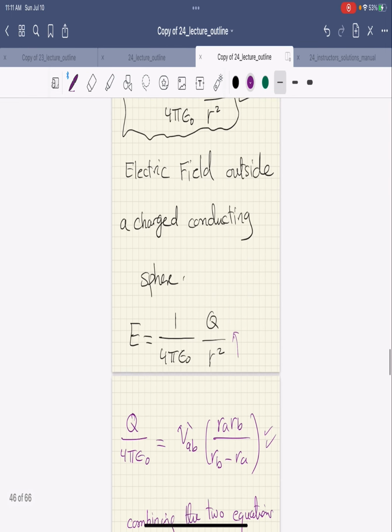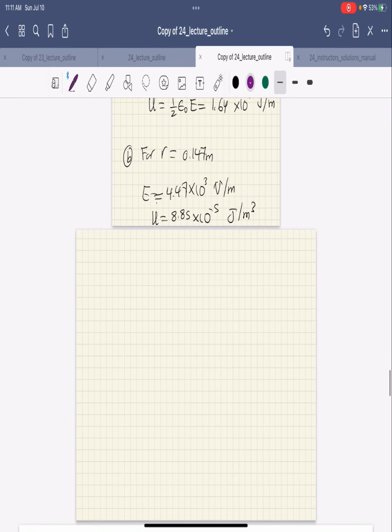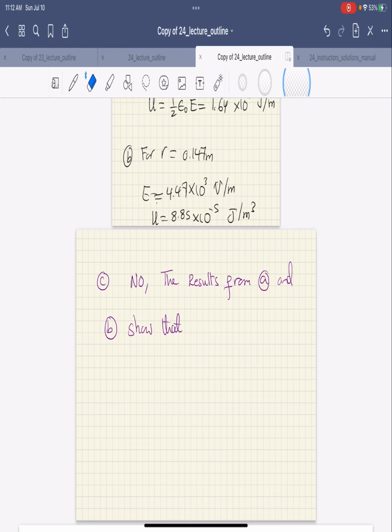The spherical, of course, is different, and I will say no. From the results of A and B, you can see that it did not give us the same number, so the energy density is not uniform.